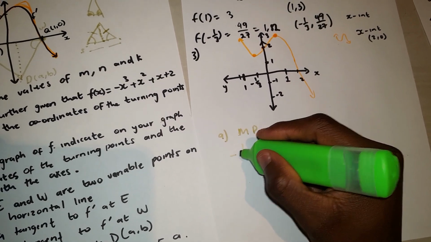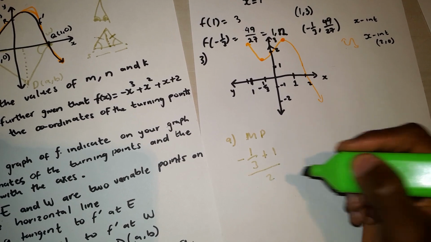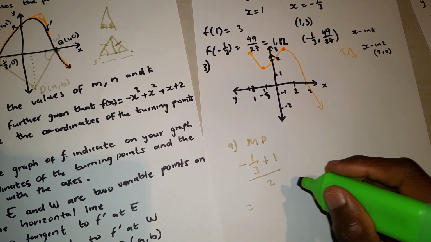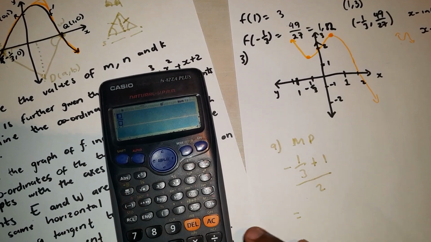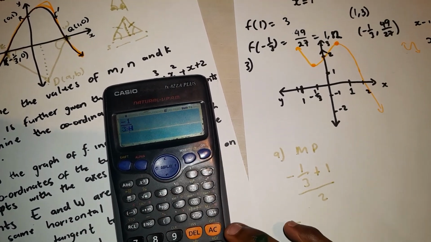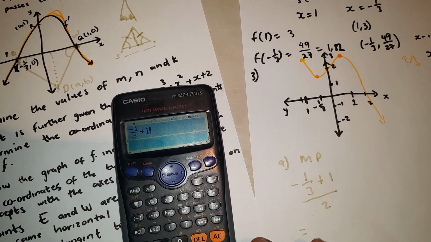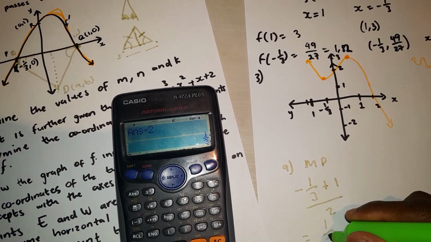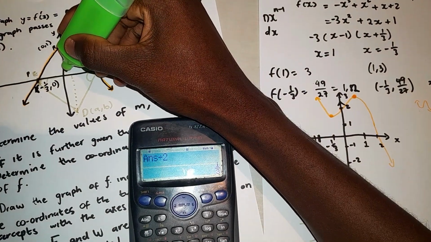It will be negative 1 over 3 plus 1, divided by 2, will give us 1 over 3, which means it's somewhere here.